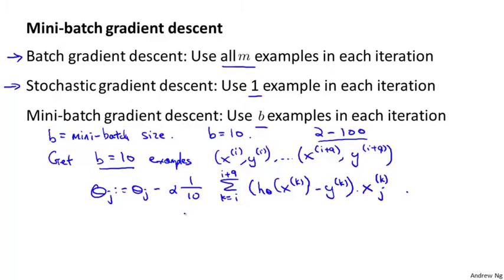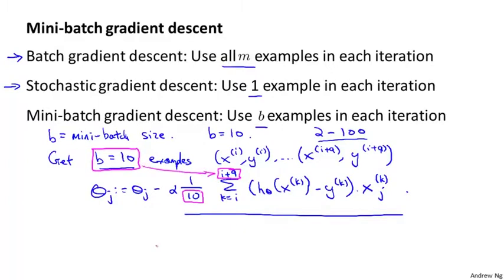And so in this expression, we're summing the gradient terms over my 10 examples. So there's a number 10, that's my mini batch size, and this i plus 9, again the 9 comes from the choice of the parameter b. And then after this, we will increase i by 10, so go on to the next 10 examples, and then keep looping like this.